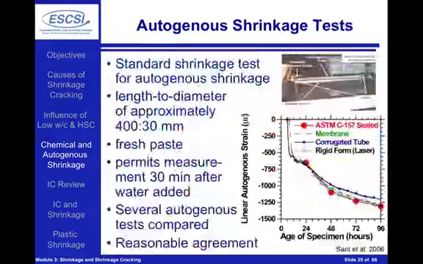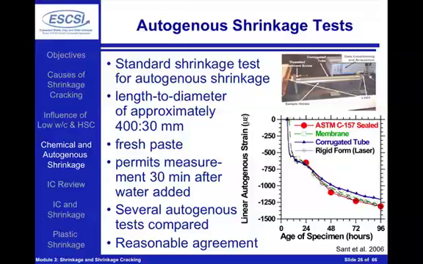Now, there are several different ways to measure autogenous shrinkage. You could measure this using a sealed prism like ASTM C157. The big question here is trying to start the test at the appropriate time, really starting it around the time of setting. There's an alternative test called the membrane test, where you essentially place a paste inside of a sealed membrane, and then you can measure the volume change by suspending that in water.